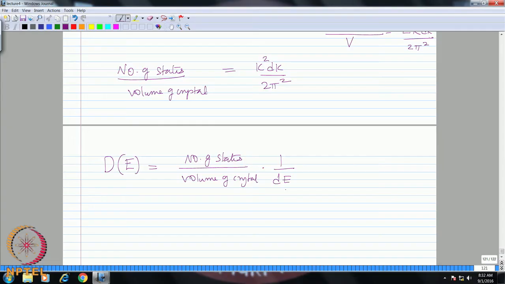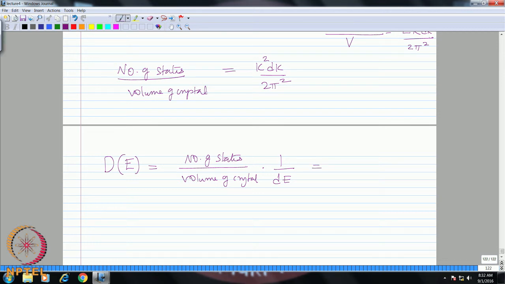Therefore, we can define the density of states to be the number of states or number density of states within the crystal per unit differential change in the corresponding energy levels for the change in wave vector dk. Okay. So, this is the definition of density of states.